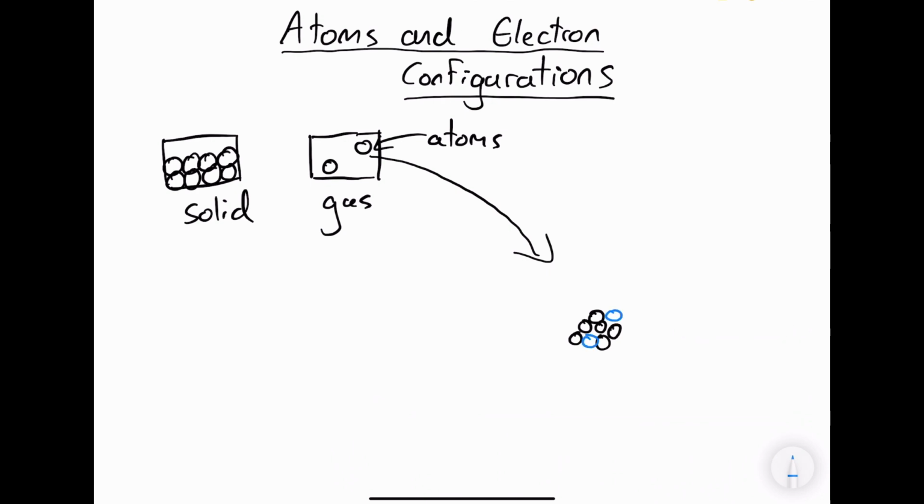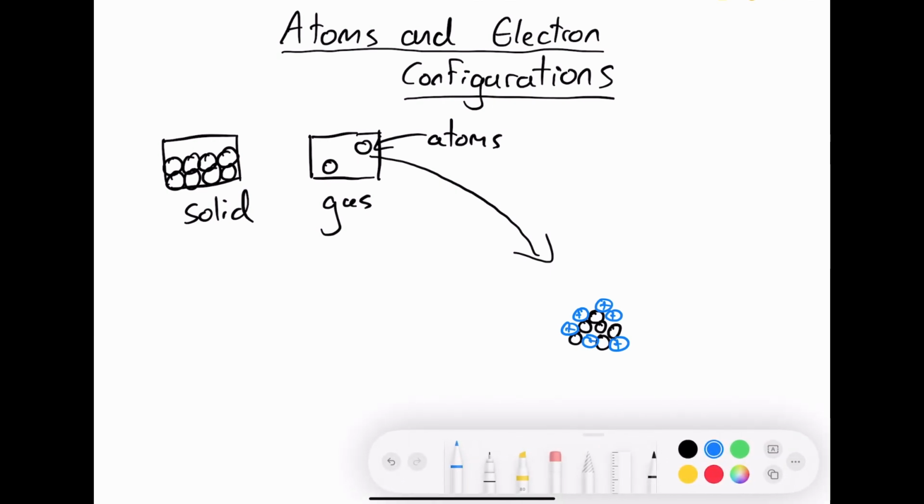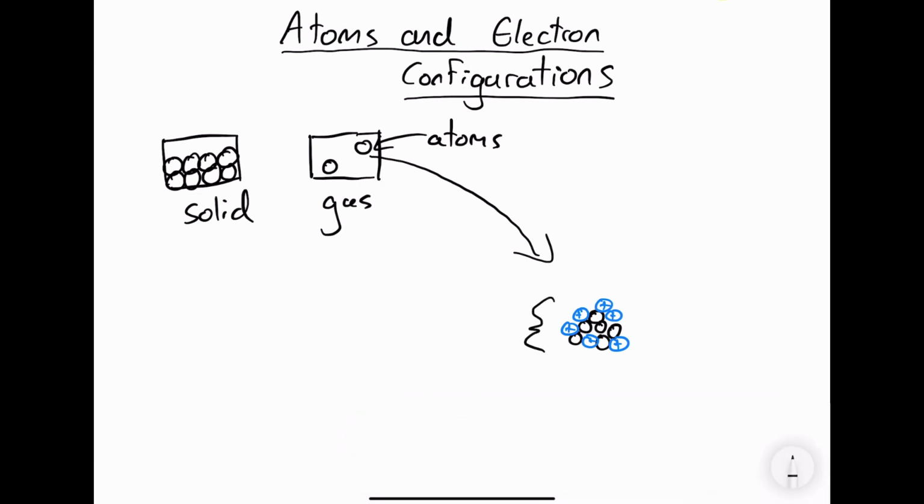So I'll use black to represent the neutrons and blue to represent the protons. And protons are positive. So the neutrons and the protons together form the nucleus.